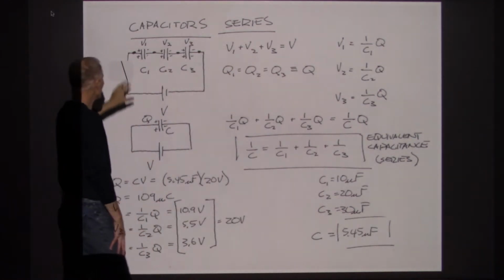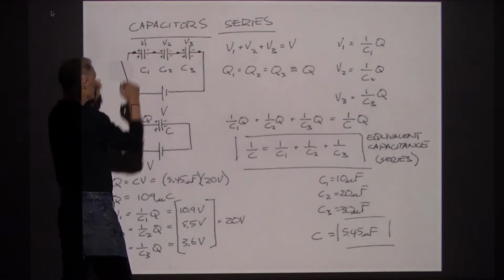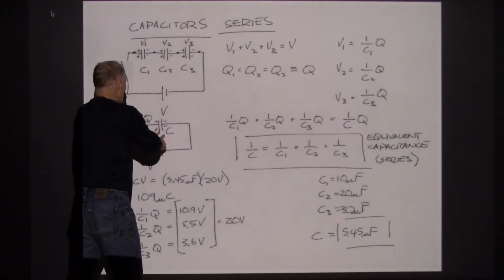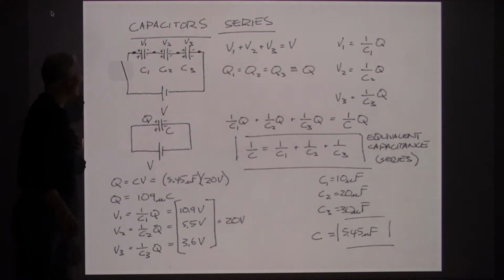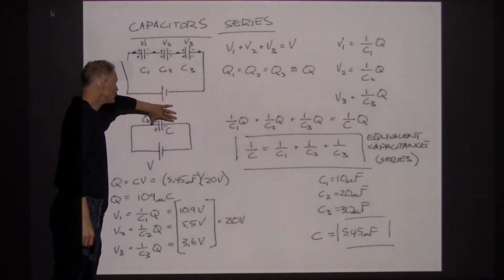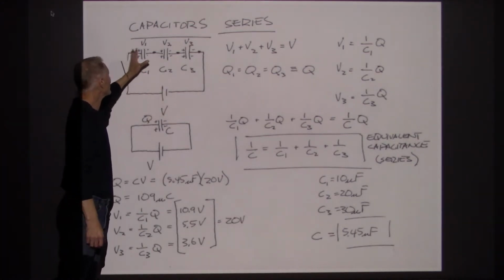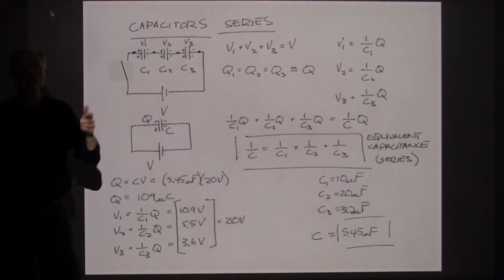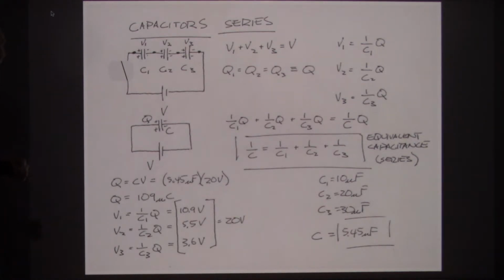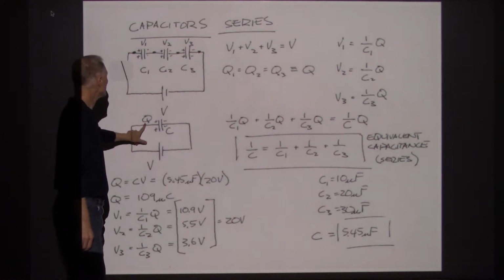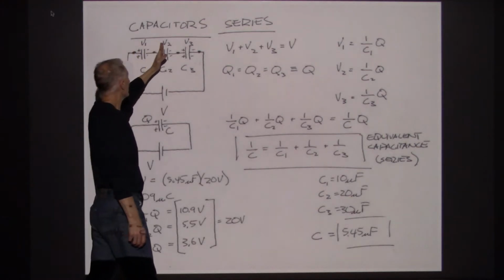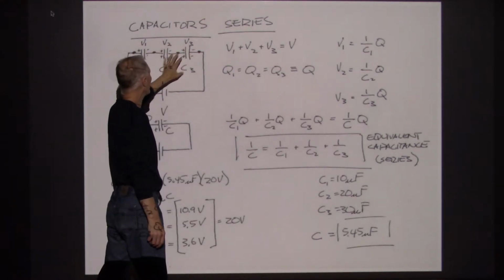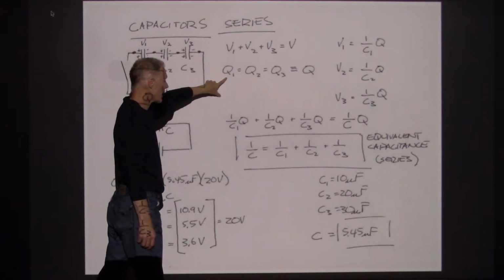So again, we're going to take these 3 capacitors, remove them, replace them with 1 capacitor, and the voltage across this one will be the combined voltage, V1 plus V2 plus V3, and the charge here will be equal to the charge that would have been on each of these 3 capacitors.